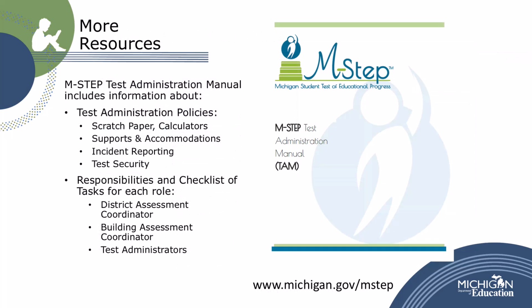The M-STEP Test Administration Manual will be available in late January and includes detailed guidelines for before, during, and after the M-STEP test administration. The Test Administration Manual provides information about the test administration policies and procedures, as well as step-by-step information for each assessment task that needs to be done before, during, and after testing.